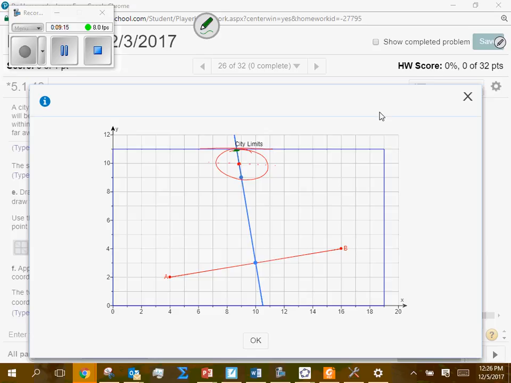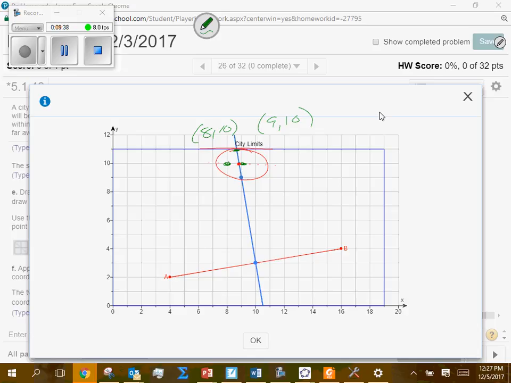What they're asking you to do is come down here to here, find that ordered pair right there, which looks like it's (8, 10). And then that ordered pair right there to the right of that red dot, and that's going to be, what, (9, 10)? Those were the 2 ordered pairs that they were looking for, okay?